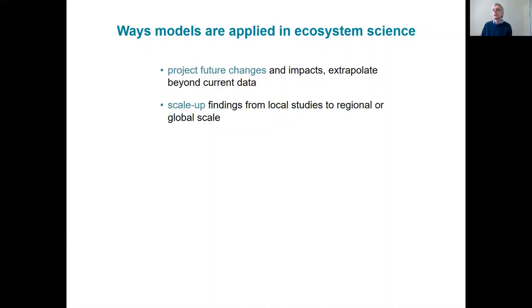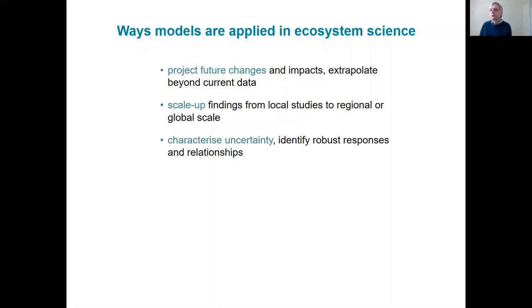What else? Kind of related to that, we can scale up. We can make measurements at certain points in time or space, and we can extrapolate beyond that using models, scale up findings, perhaps from local studies, case studies, to a region, to the globe, to spatial extrapolation.